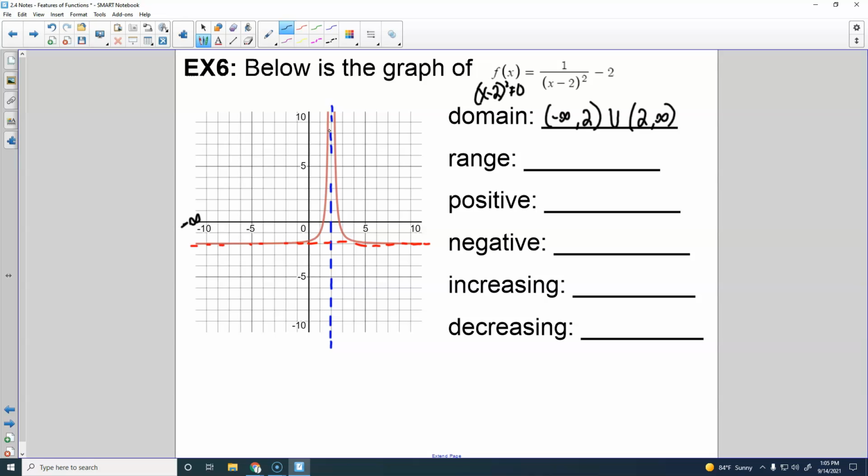Okay, range, we're thinking about y values. What's the lowest y that you see on here? Negative 2. Bracket or parenthesis? We've got an asymptote right there, right? So for asymptotes, use a parenthesis because it never actually quite gets to negative 2, even though it's going to look like it does, because asymptotes look like they get there, but they don't.